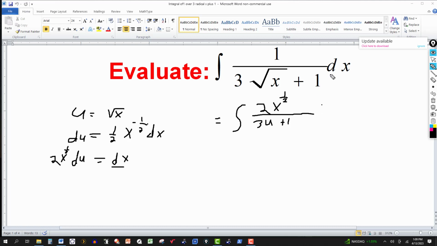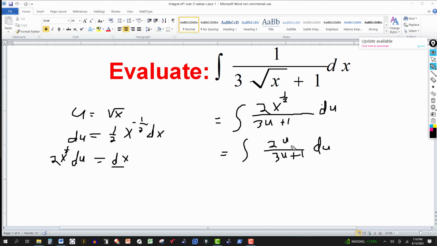So replacing the dx by 2x to the 1/2, we wind up with this. And then I have to continue here because again I want the variable u, not x, so this will be 2, and then x to the 1/2, of course, is the u. So this will be 3u plus 1 down here, and du. So now we have everything in terms of u.